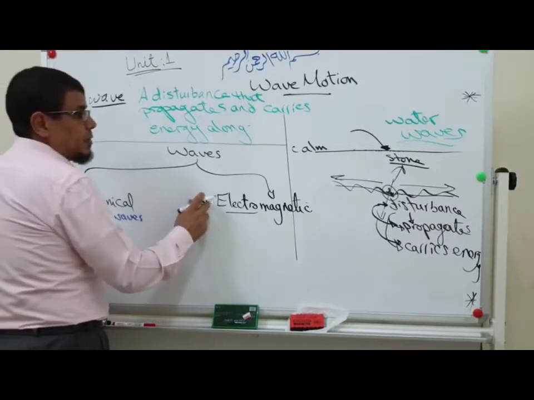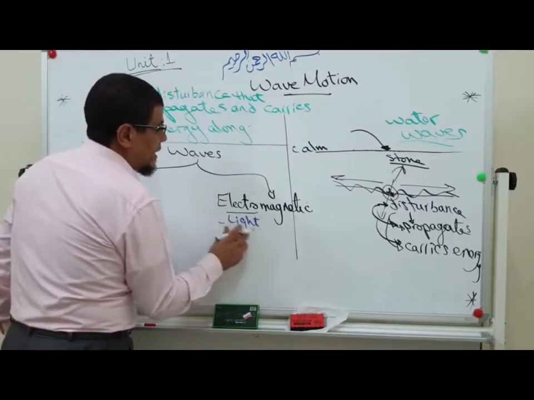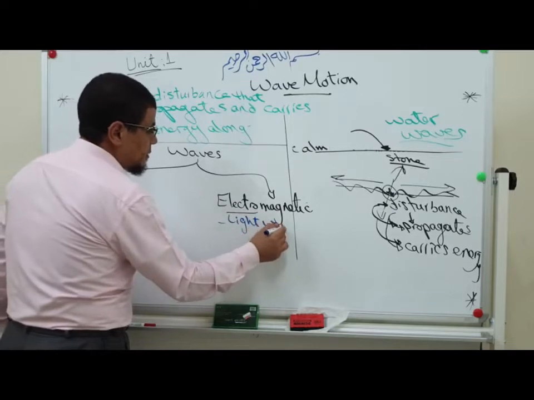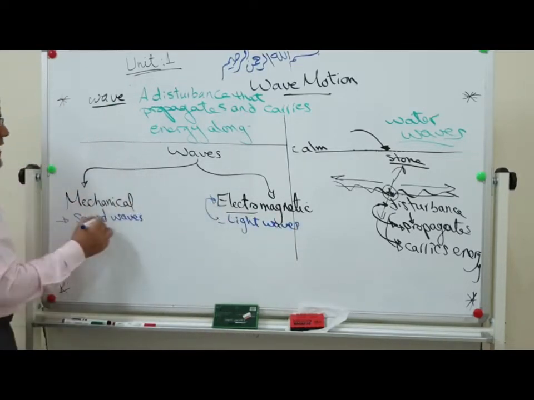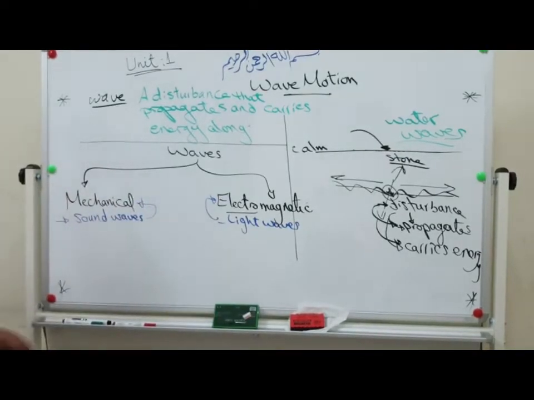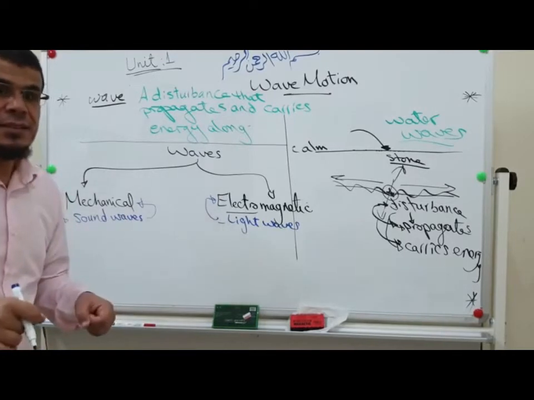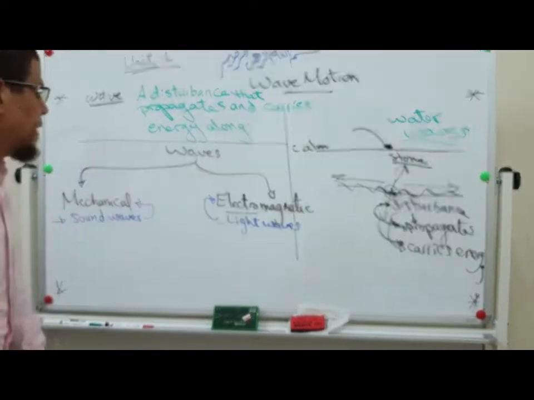And an example of electromagnetic waves is light waves. If you think about light waves as an example of electromagnetic waves and sound waves as an example of mechanical waves, you can get many differences without my telling you. Like what?